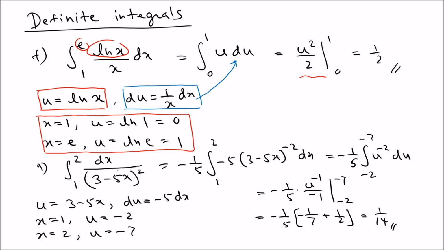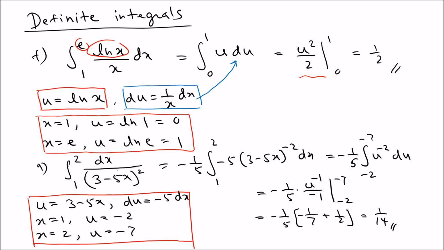We just need to find the value somehow, and the fastest way is to use the new limits. So this is how you find definite integrals. There's nothing new. New limits are the only extra step compared to indefinite integrals, and they always go in the integral.